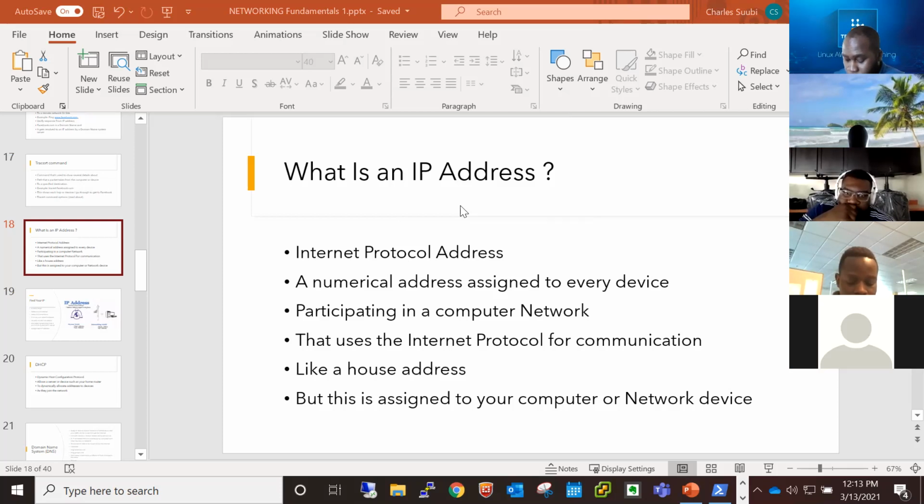Each device gets its own IP address. Yes, why does each device get its own IP address? That's my question. Because you need to send data from one place to another, like sending messages from house to house. Every place has an address to get the message sent across.